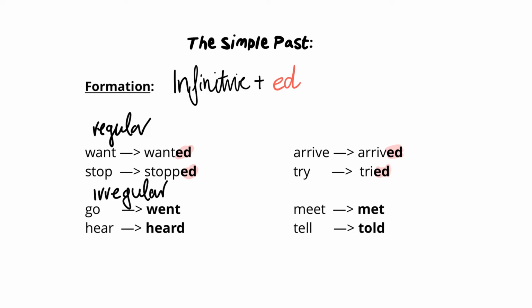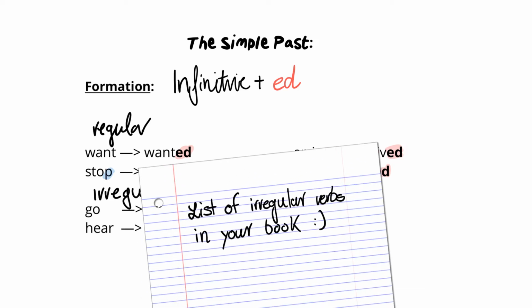But be careful, as there are some exceptions with spelling in some cases, as you can see here. The irregular forms, you just have to learn. I'm sorry for that. But remember, you can find a list of irregular verbs in your book.